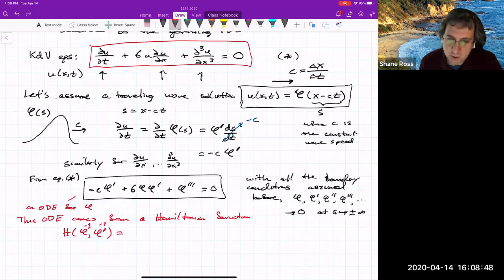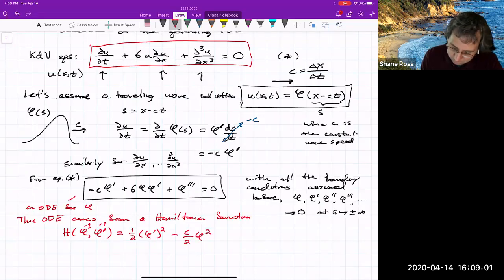So this is now just the usual Hamiltonian. And this looks like 1/2 phi prime squared, so it looks like the kinetic energy term, and then a potential energy term.